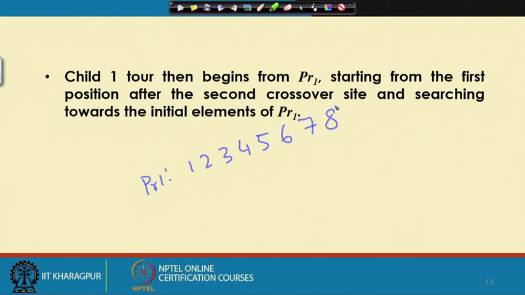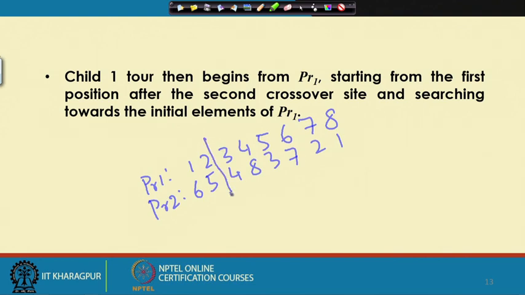So, it is having 8 cities, and parent 2 is nothing but say 6, 5, 4, 8, 3, 7, 2, 1. So, these 2 parents are going to participate in order crossover, and let us see how to find out the children solutions.